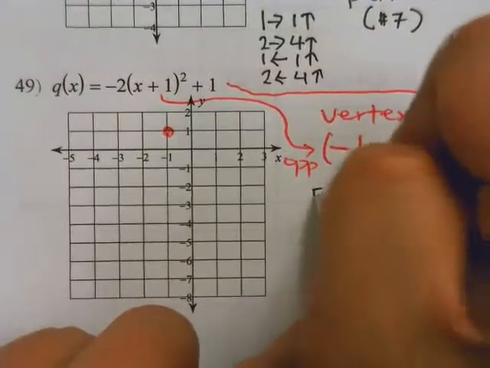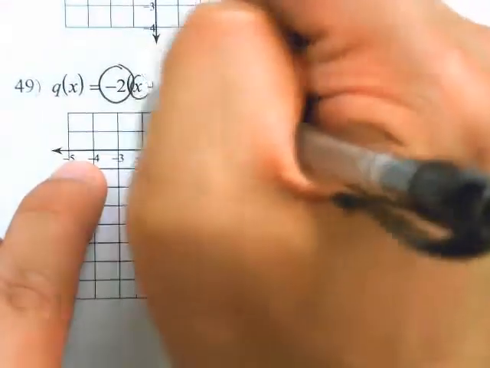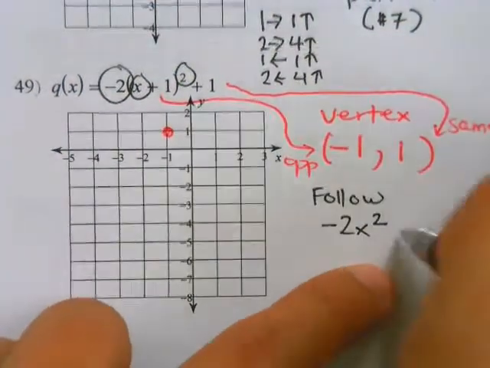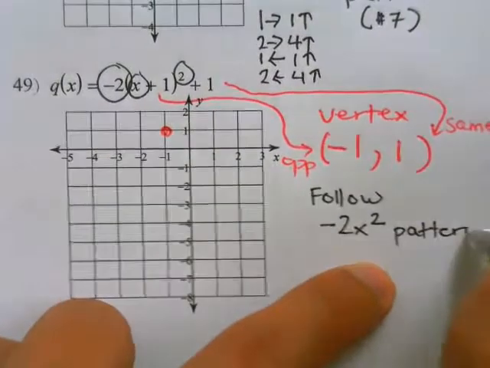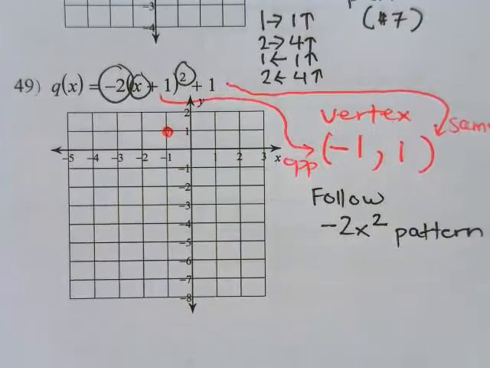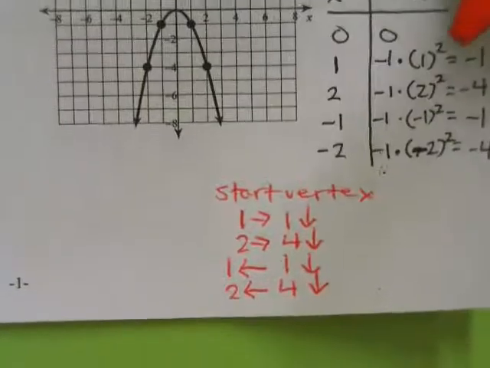And then what pattern are you going to follow? You're going to follow the negative 2x squared pattern. Okay, why is that? Because you have a negative 2, x squared. And then I'm just going to write that pattern again one more time. You don't have to rewrite it, but I think just for notes purposes.